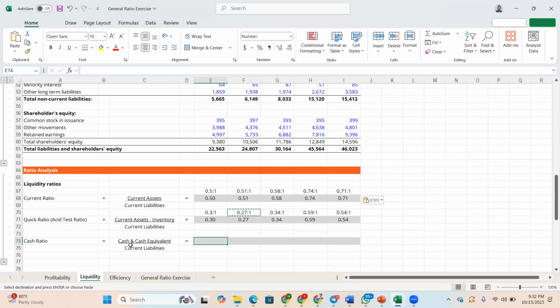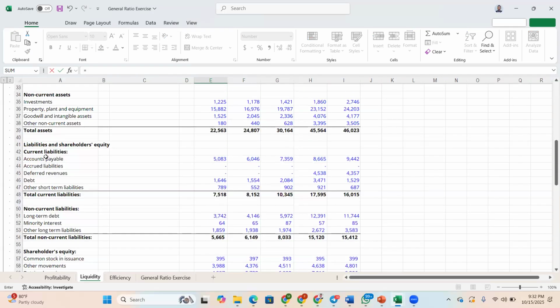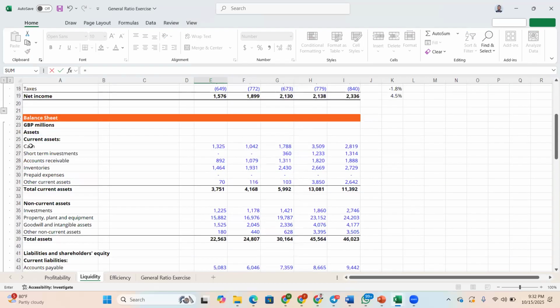So cash and cash equivalents, cash and cash equivalents. I can even use this formula here. So cash and cash equivalents we say equals cash and cash equivalents. Short-term investments, account receivables, inventories.